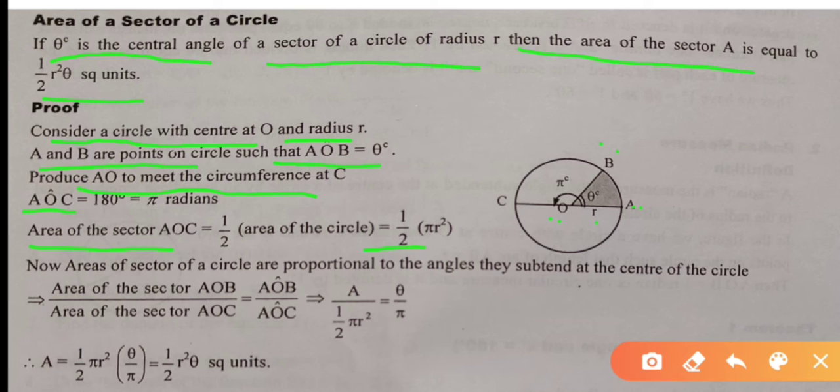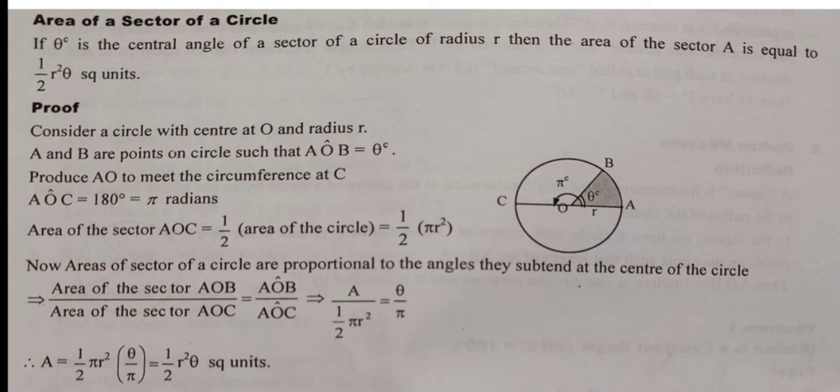Now area of a sector of a circle is proportional to the angle it subtends at the center of the circle, then we can write area of sector AOB divided by area of sector AOC equals angle AOB by angle AOC, which equals A divided by half pi r square.